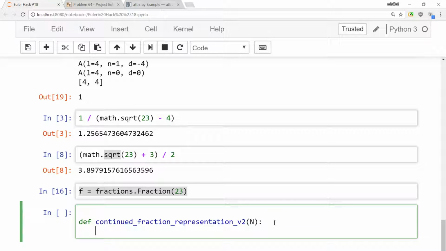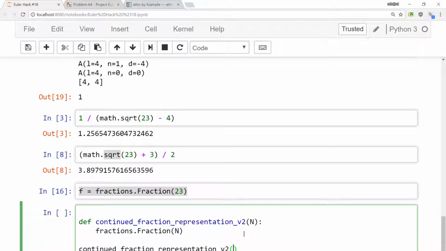Okay, so we're going to do math square root, or maybe we start off with fraction of n, and maybe let's see what it does with this 23. So let's see what it does if I do math dot square root.